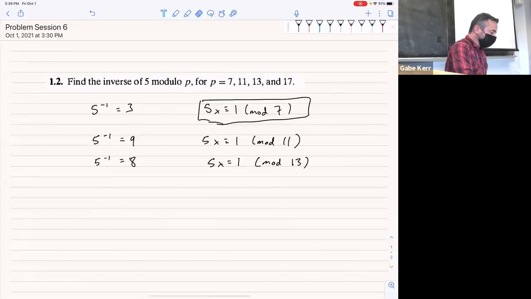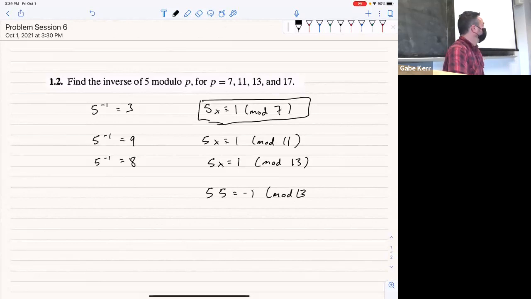As I said, I started thinking of multiples of 13, and I thought 26 is close to 1, or 25 is close to 26, right? So a good guess for me is 5. So I say 5 times 5. What is that mod 13? That's negative 1.